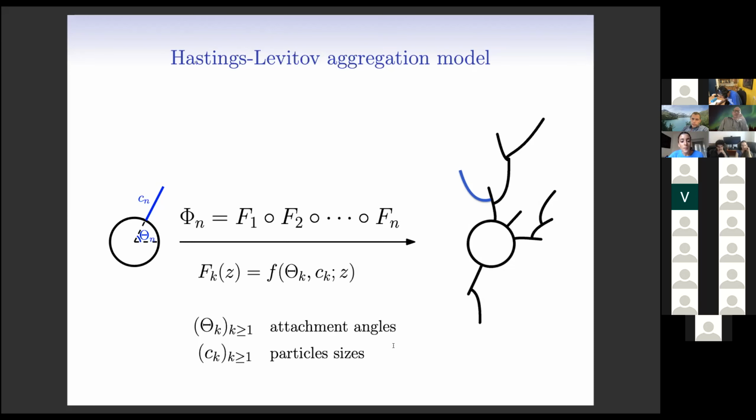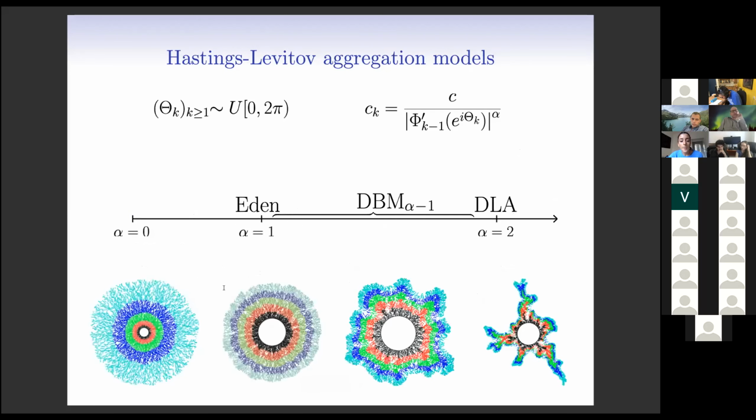So this gives a one parameter family of models in which the attachment locations are chosen to be uniform on the unit circle because we want to use harmonic measure. And the particle sizes here, measured by capacity, are inversely proportional to a power of the harmonic measure on the cluster boundary.